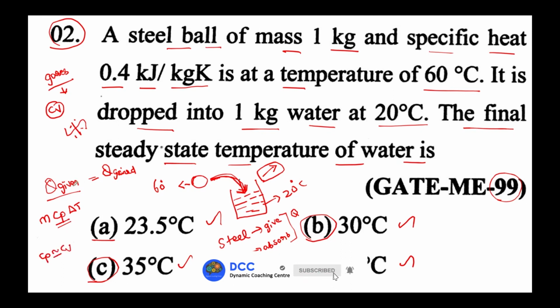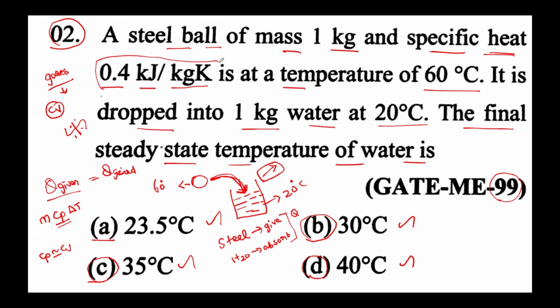For the steel ball they have just mentioned the specific heat, but they didn't say Cp or Cv, right? So it should be an incompressible one, and so you can go for c. Similarly for water, it's your duty to remember the specific heat value.